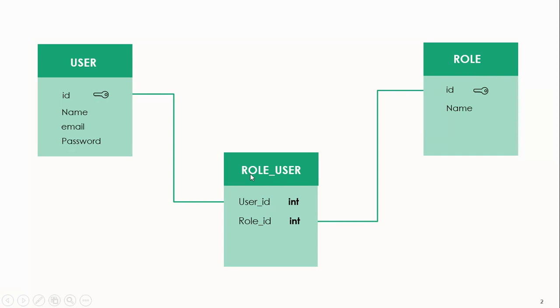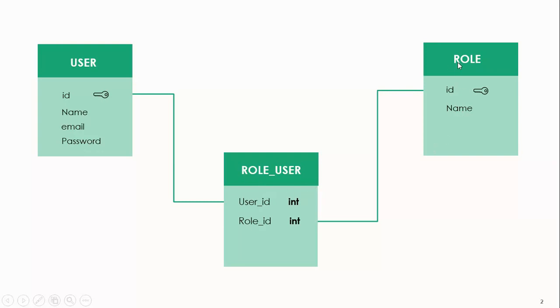So as you can see here, we have this role_user table. The role_user table is a pivot table, and a pivot table is much like an agent or a mediator table which manages the many-to-many relationship between two tables. The name of the pivot table is derived from the singular names of the related models arranged in alphabetical order. The related models here are the user model and the role model, but they must be arranged in alphabetical order.